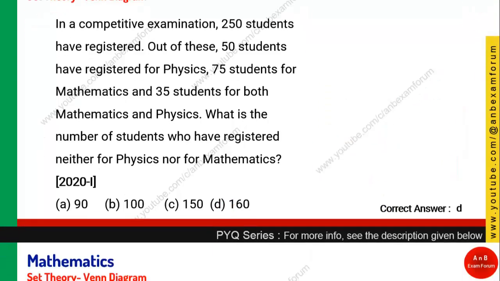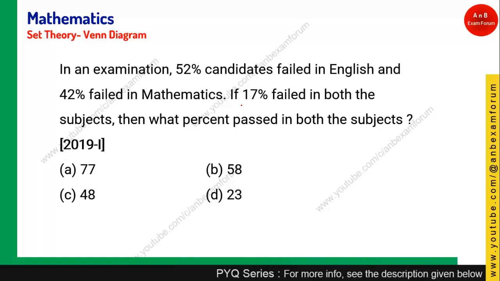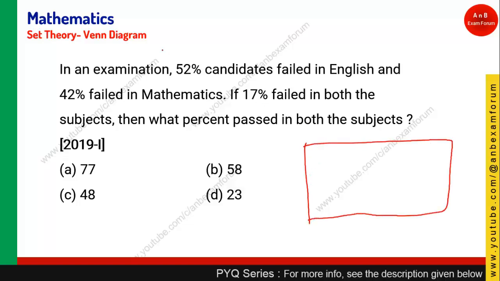Okay, let's see the next question. This is a very good one, in fact. In an examination, 52% of candidates failed in English and 42% failed in mathematics, and 17% failed in both subjects. What percentage passed in both subjects? Again, you need to have the universal set, and since this question is in percentages, the universal set will have 100%.